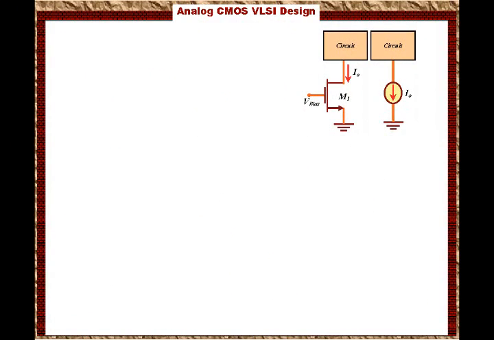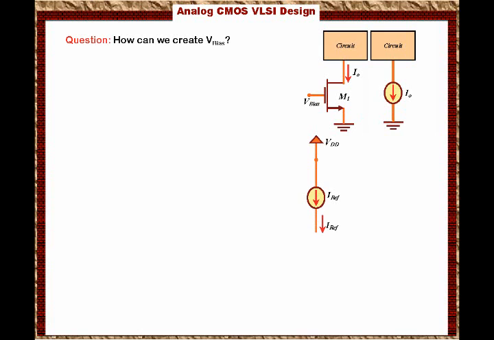The question now is, how can we create bias? I know that if I have the right V bias, I will have the right current ISS. Now the question is, how would I create V bias? The answer is very simple. This is the V bias circuit. The V bias circuit says that we're going to have VDD connected to a current source.